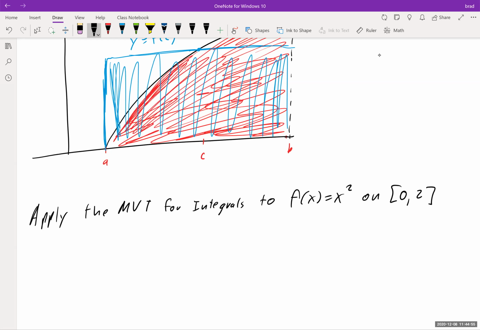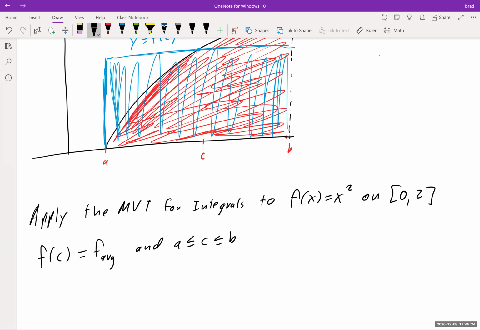So when we apply the mean value theorem for integrals, that means that we need to find all the c that satisfy the MVT, okay? That is all the c such that f of c equals f average. So we need to find all the c such that f of c equals f average, okay? And we know that c has to be between or equal to a or b.